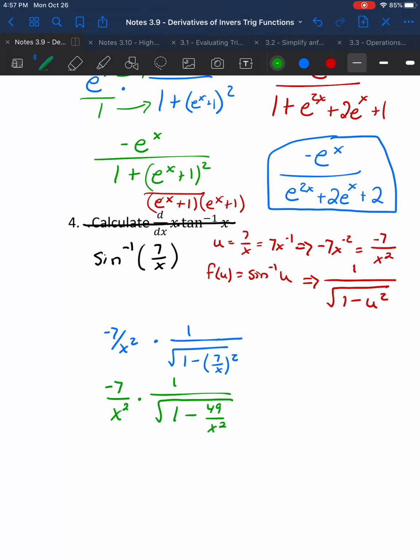Okay. I'm going to kind of ignore this piece for right now, and I'm going to work with just the root. And I'm trying to clean this guy up so that I can do some things with it. I have 1 minus a fraction. I'm going to have to get common denominators so that I can put those two fractions together.